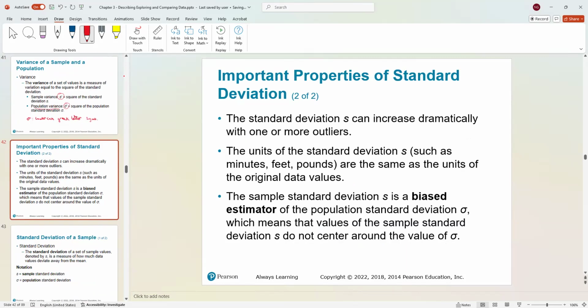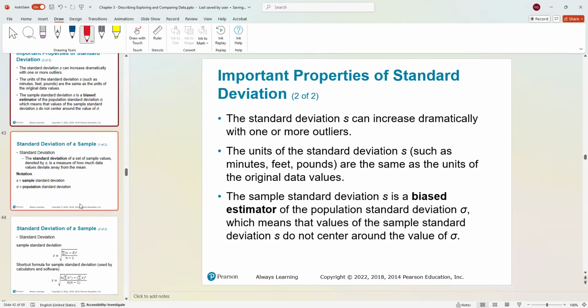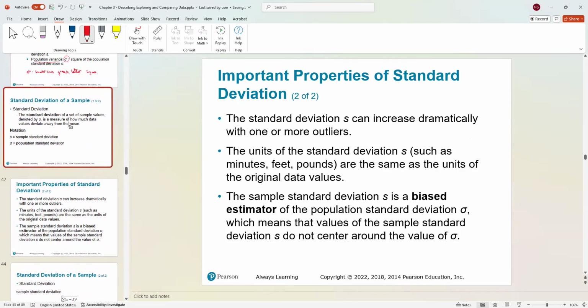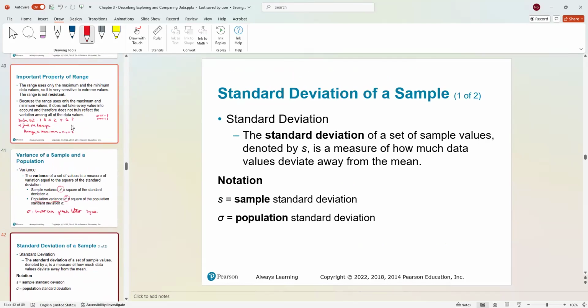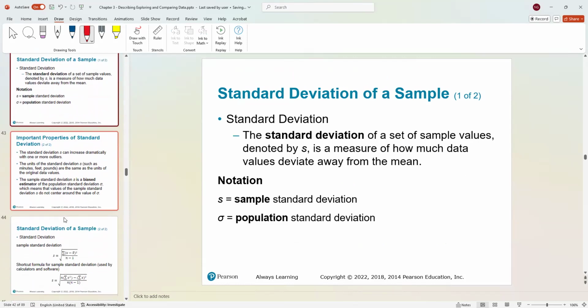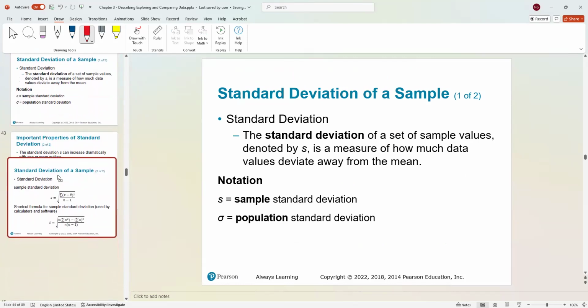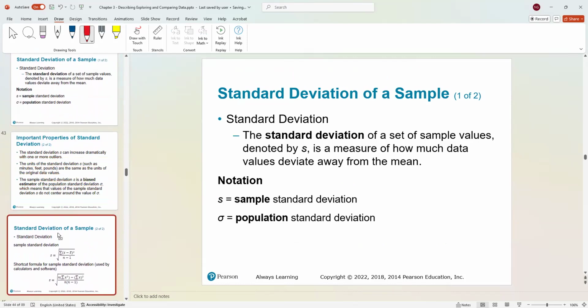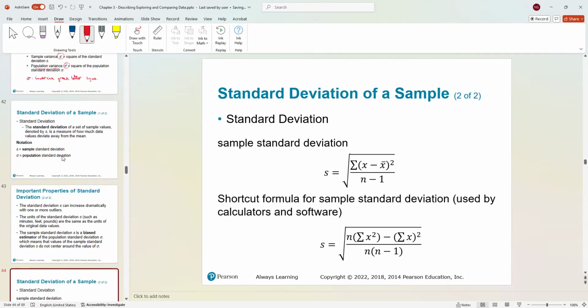Now, for the deviations, as we said, the standard deviation S can increase dramatically with one or more outliers. The unit of the standard deviation, I don't know why I put the standard deviation before the variance, but let's do this one first. Yes, definitely this one comes first.